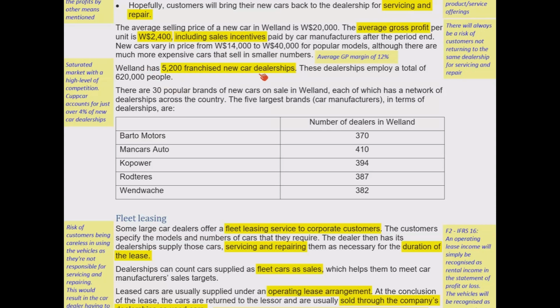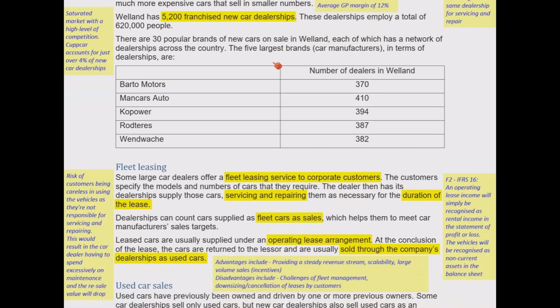Not quite thinking about big data yet, but thinking about capturing data from competitors, so sourcing external data and making sure that Cuppcar's got a really good management information system and that the decision makers have got access to all of this information to enable them to come up with appropriate pricing strategies and to really be on top of what the competitors are doing.